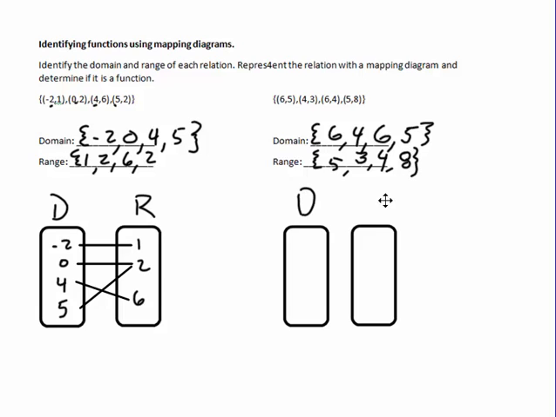And I'm going to go ahead and set up my domain and my range in my mapping diagram here. So I have a 4, a 5, and a 6. And over here I have 3, 4, 5, and 8.